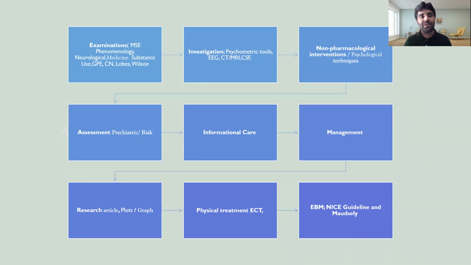The other investigations include the EEG, CT or MRI, CSF analysis, and urine analysis. There are also other investigations as well. They sometimes test, but these are some of the common investigations you should know.